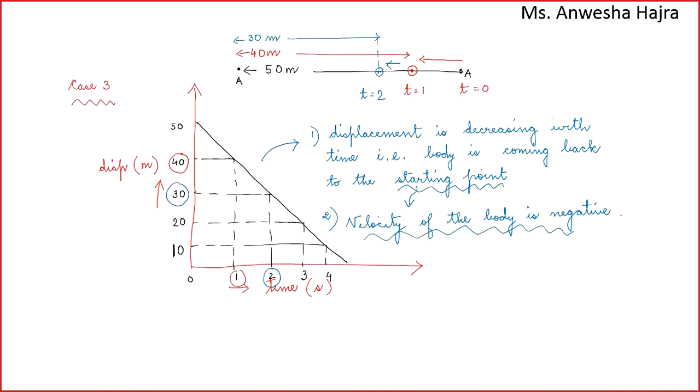When the body goes away from the starting point, it is positive. Say this is the starting point. So when a body moves in this direction away from the starting point, velocity is positive. Plus ve means positive.